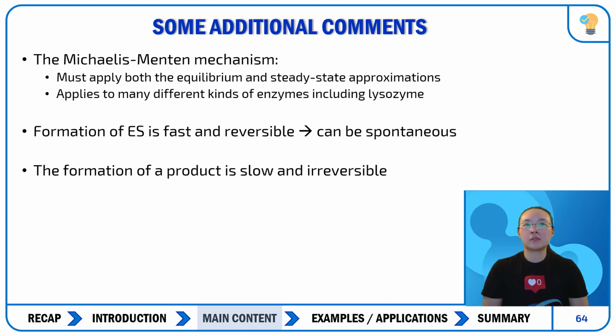So the Michaelis-Menten mechanism applies to many different kinds of enzymes, including lysozyme, and that's just an example. The formation of the enzyme substrate complex is very fast and reversible, which means it can be spontaneous. But the formation of a product is going to be slow and irreversible. So those are two key differences to remember, especially for conceptual questions.